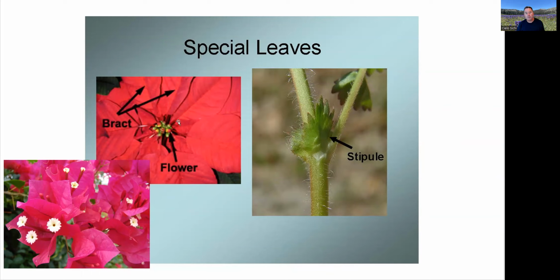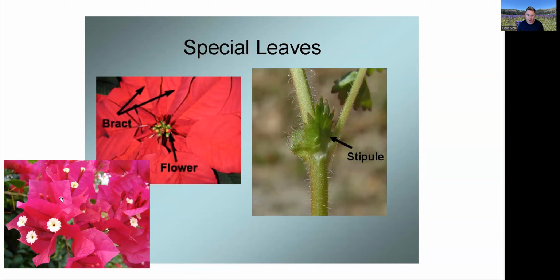Now, poinsettias are grown for sale during the holiday season, typically throughout December. These colorful parts are not leaves and they're not flowers. This is the flower of the poinsettia. These are actually bracts, just like the bougainvillea.